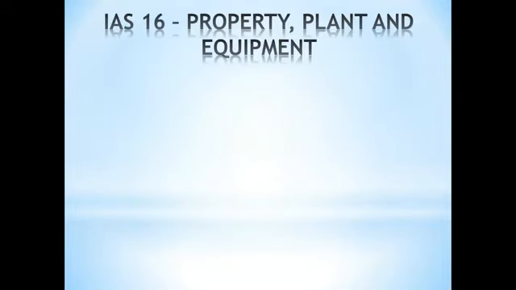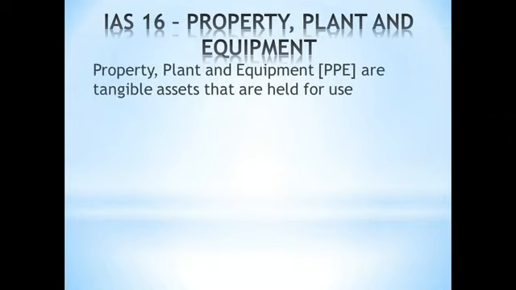Now let's start with the definition of property, plant and equipment. It's very important we understand the definition of property, plant and equipment. PPE, as we say for short, are tangible assets that are held for use. When we say tangible assets here, it implies that they are assets that we can touch, we can feel, we can see.